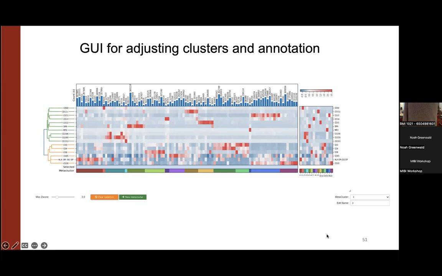Each column is one of the 100, and each row is one of the markers in your panel. On the right here are all of your meta clusters, which are basically the combinations of the 100 clusters here. The colors on the bottom indicate which meta cluster these clusters belong to. So for instance, these clusters here are all combined to make that first meta cluster.